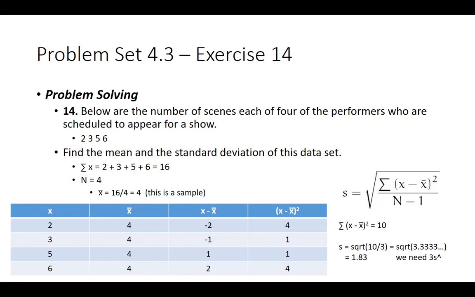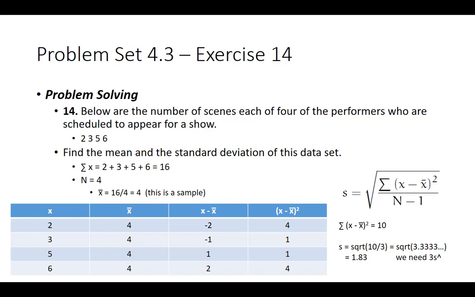That implies that there are more than 4 performers in the show, but this is just for 4 of them. That means this is a sample, not the entire population of performers. This is just 4 of the performers, a sampling of 4.